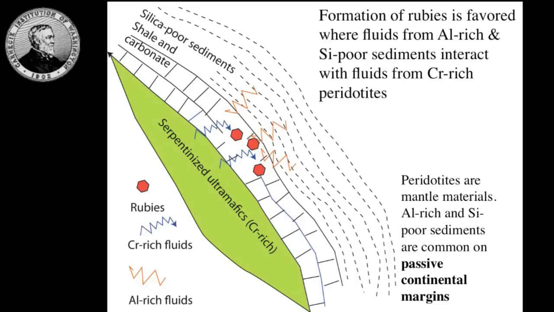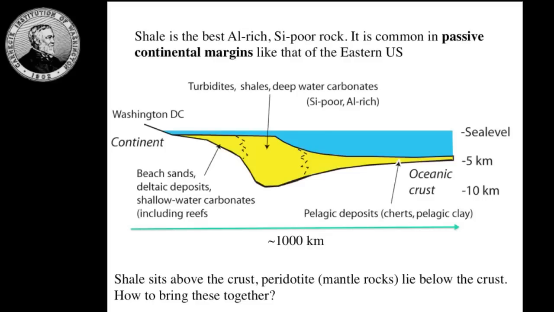You can get that in what we call passive continental margins, which we're very close to here. So here's Washington, D.C., and if we go out to the east, we get the Atlantic Ocean. But before we get into the deep water of the Atlantic Ocean, we go through this thick sequence of sediments that was deposited here for the last 180 million years, basically from erosion of the continent.